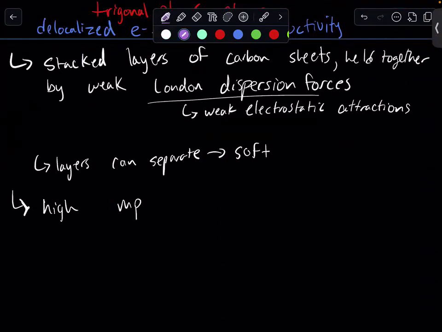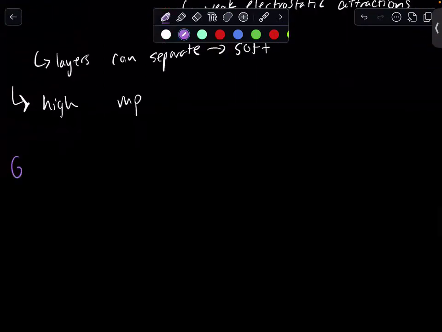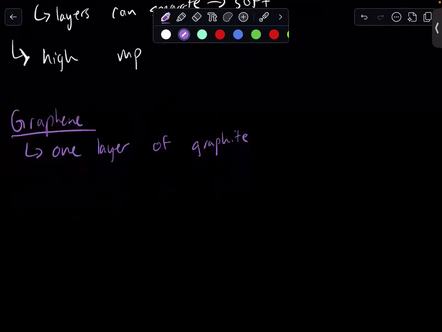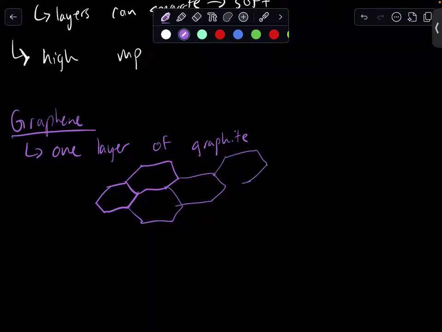All right, so that moves us up to graphene, and you'll see why I wanted to do it after graphite. Graphene simply is just one layer of graphite. Going on infinitely, of course, like these covalent network structures, and I'm just going to use hexagons at this point. And as these hexagons go out, they continue on infinitely.